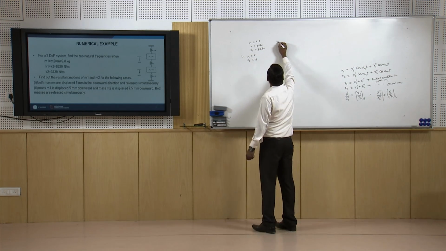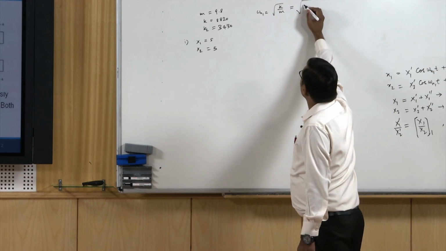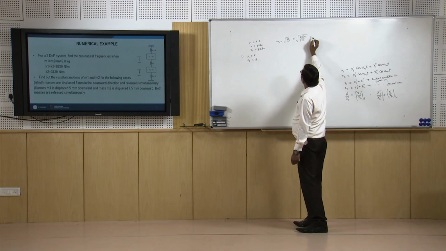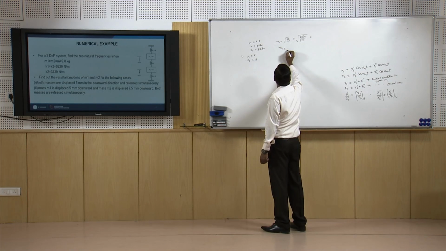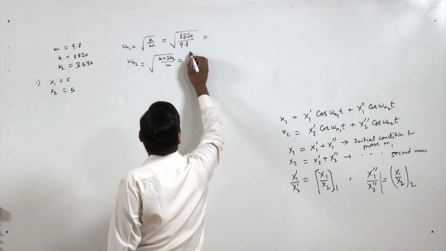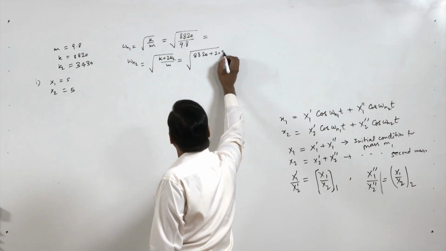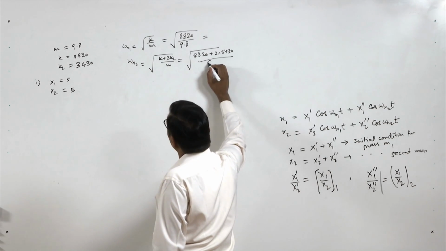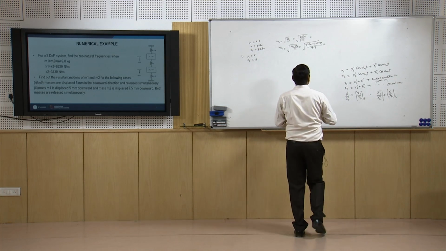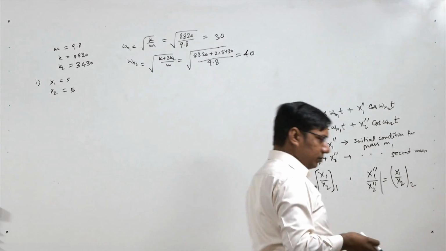Now, here omega n1 equal to root k by m, that is equal to 8820 by 9.8, and omega n2 equal to root k plus 2k2 by m, that is equal to 8820 plus 2 into 3430 by 9.8. So, this is 30 radian per second and this is 40 radian per second.